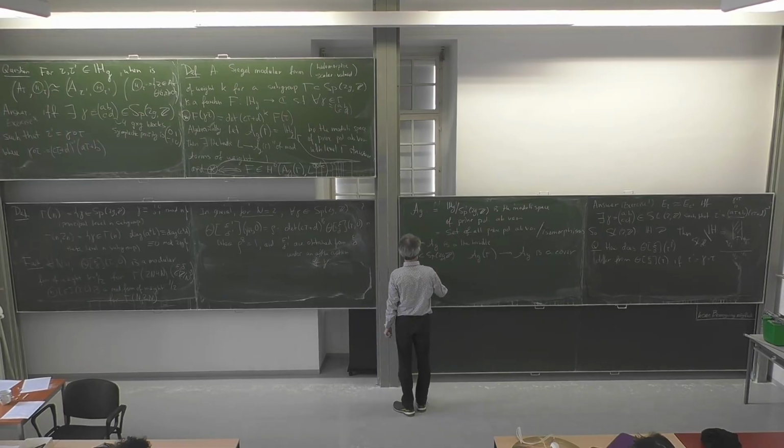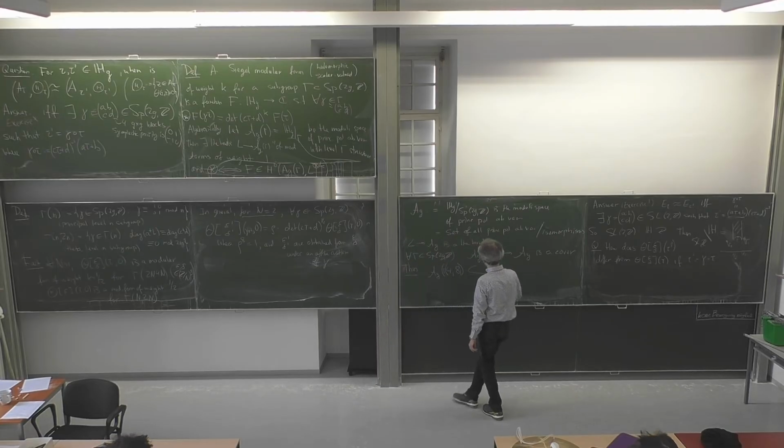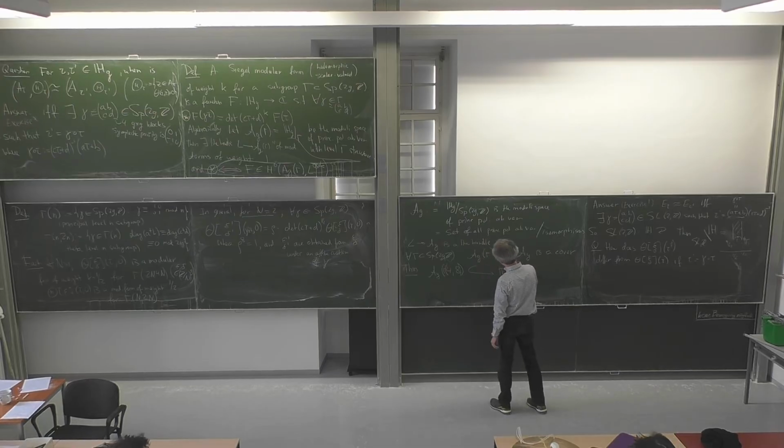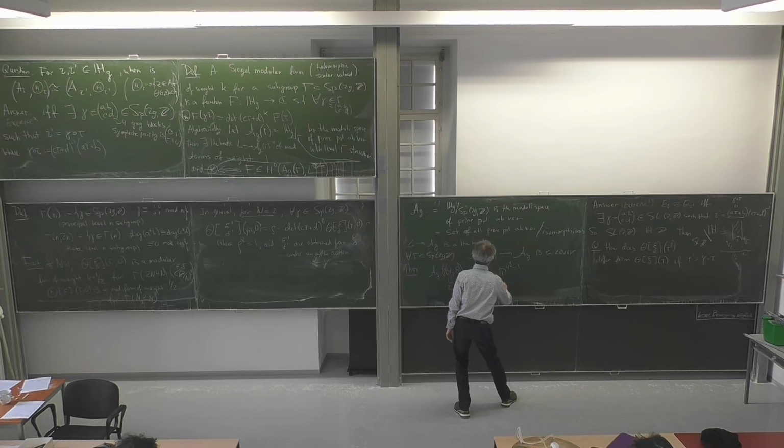If I take A_g with level 4, 8, so gamma 4, 8, it is embedded in a projective space of dimension, well, actually 1/2 of this, but never mind, by taking a point tau and sending it to the set of all theta constants.